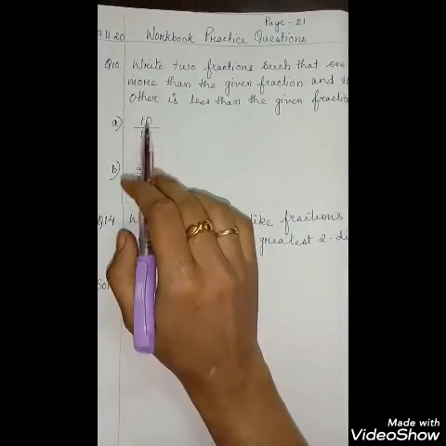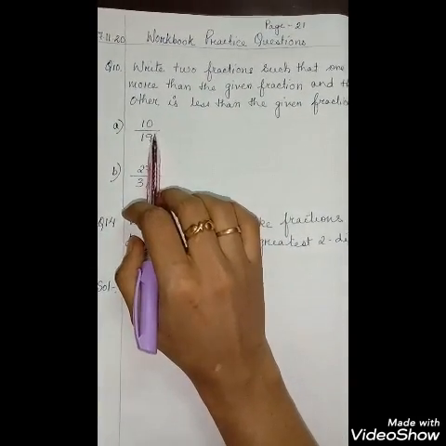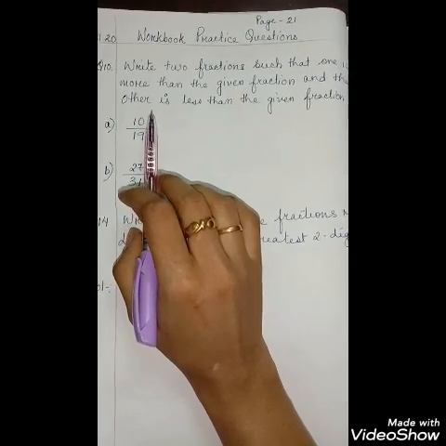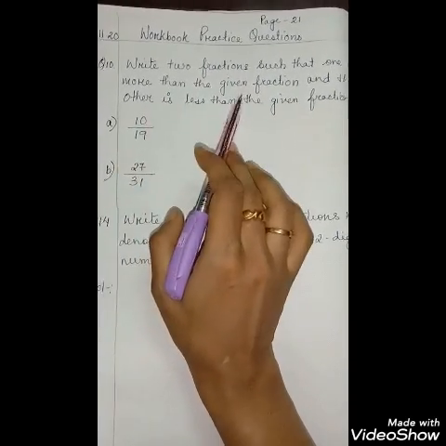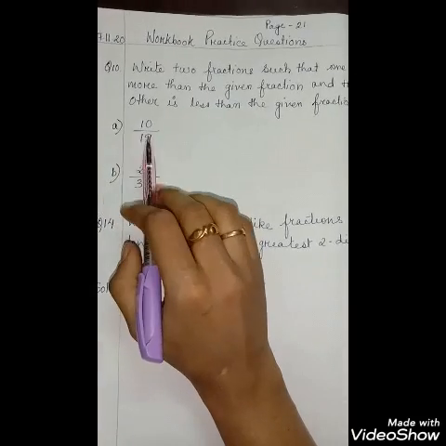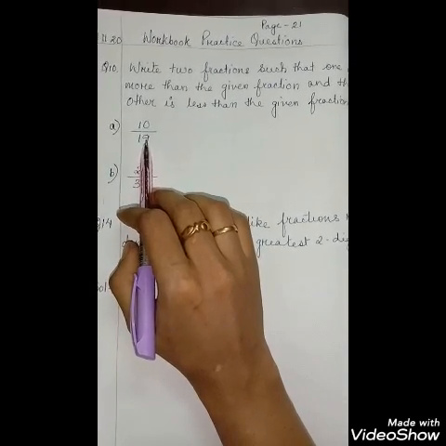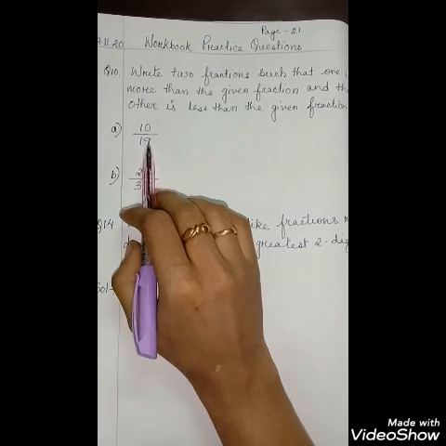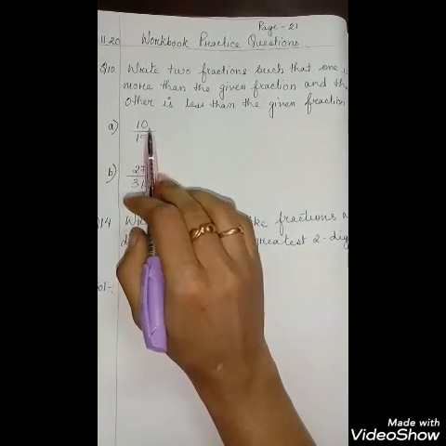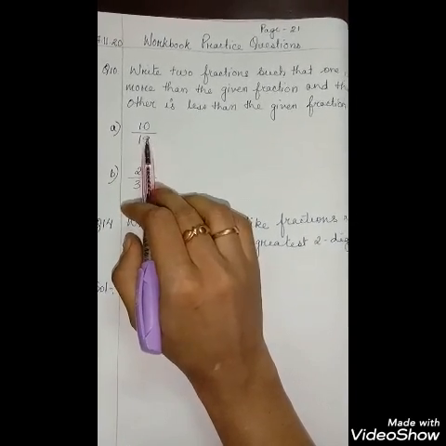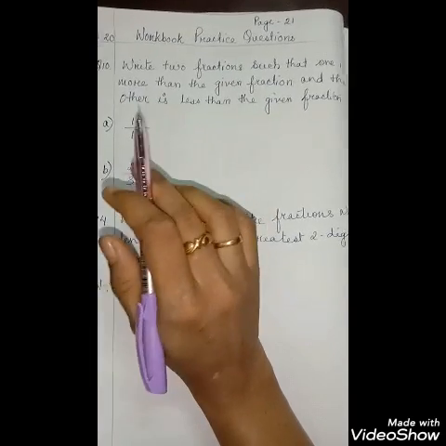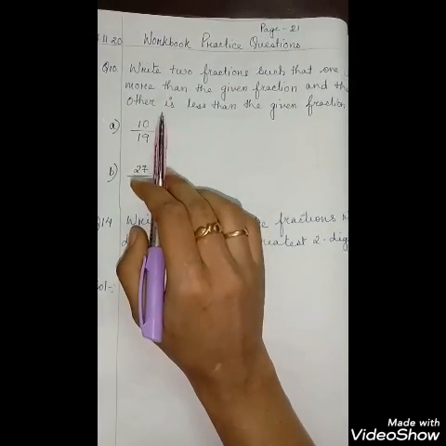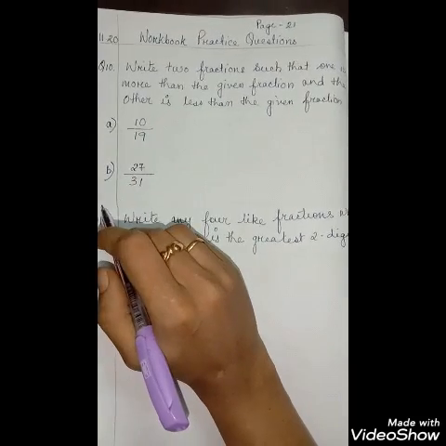So what is being asked here? You have to write two fractions such that one is more than the given fraction. Number A, the given fraction is 10 by 19. Now you have to write one fraction which is more than the given fraction, and one more fraction which is less than the given fraction.